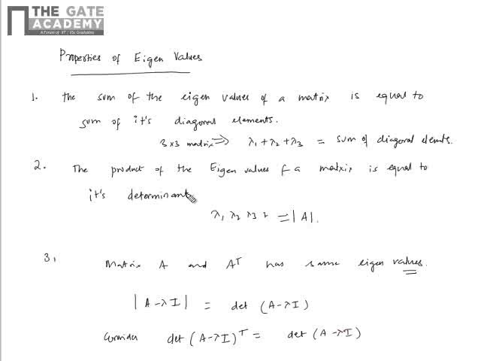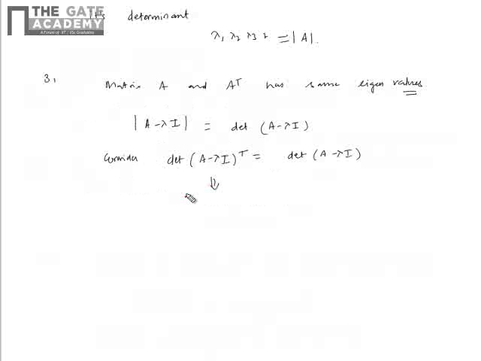Now this I can write by taking the transpose inside: A transpose minus lambda I transpose. Basically, the transpose of A plus B is A transpose plus B transpose. Now A transpose is A transpose, and the transpose of the identity matrix comes out to be the identity matrix only.